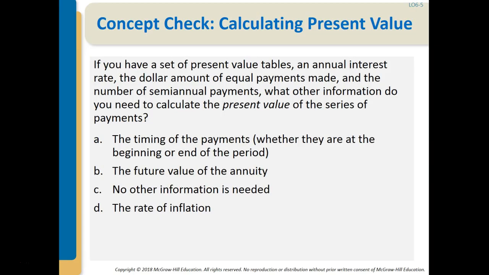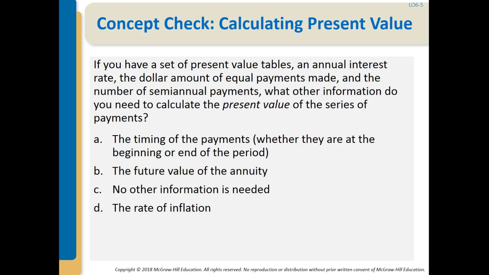So here we have a concept question. If you have a set of present value tables, an annual interest rate, the dollar amount of equal payments made, and the number of semi-annual payments, what other information do you need to calculate the present value of a series of payments?